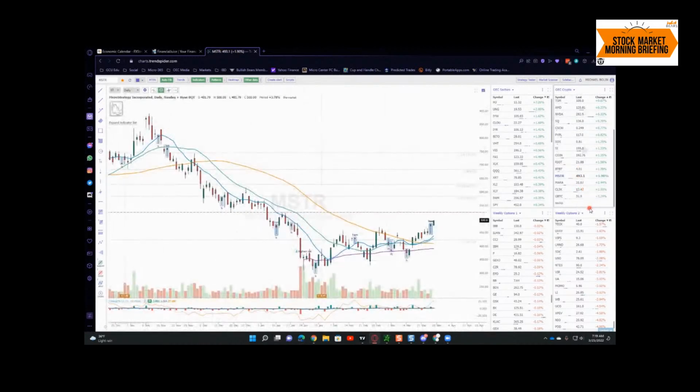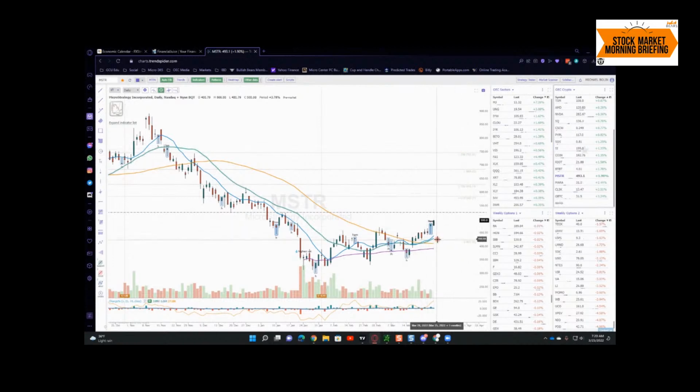MARA is up over 2.5. Even Coin is up more than 1.25, right? So we got some pretty good names moving around in there. And we have that same structure. There's the flag. If we were to break out of the top of this bear flag, which is very likely, then we'll start the reciprocation process of running things back up to that 800 level.